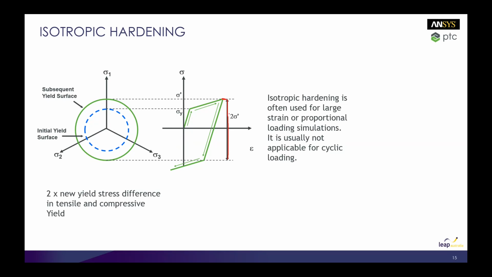So you're always maintaining 2 times the current yield stress between tension and compression. Usually you don't apply this for cyclic loading, because you're just going to keep increasing this loop.